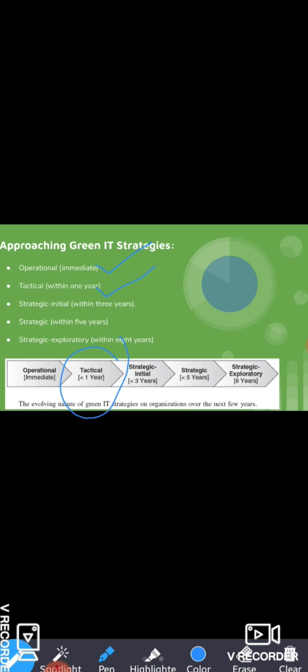Okay, so the next tier is your strategic initial, which we can say will cover within 3 years. So the 3 year time frame for impact of green IT initiatives is based on strategic initiatives. These initiatives would include the senior leadership of the organization, including a dedicated C-level role.